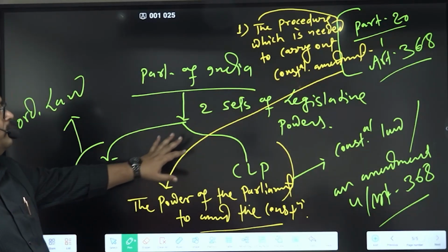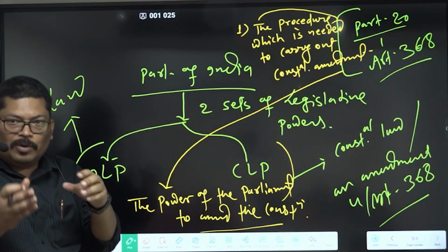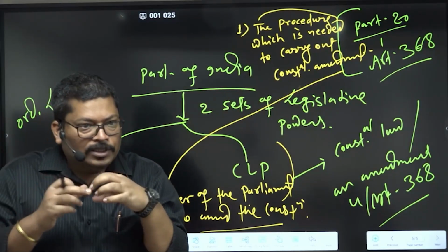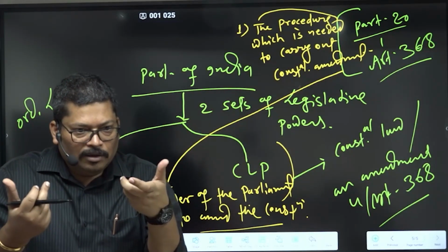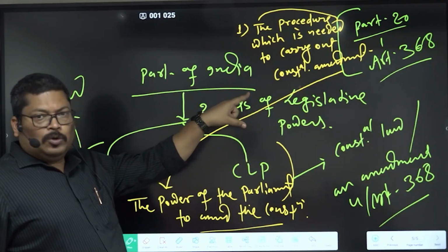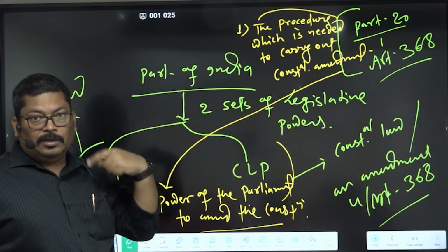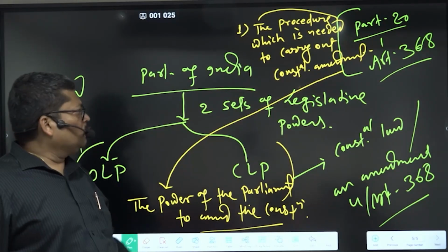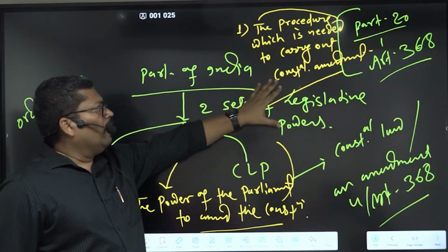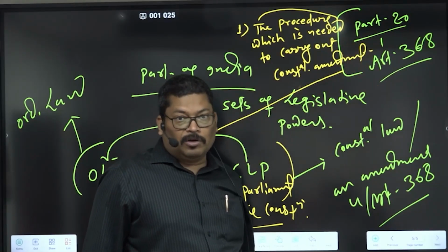I mean, two sets of things have been enumerated under Article 368 in Part 20. First, what should be the procedure needed to be followed while amending a rigid provision. Secondly, it also affirms that the Parliament of India has been provided with the power to amend the Constitution. So two sets of information are derived from Article 368 given under Part 20 of the Constitution.